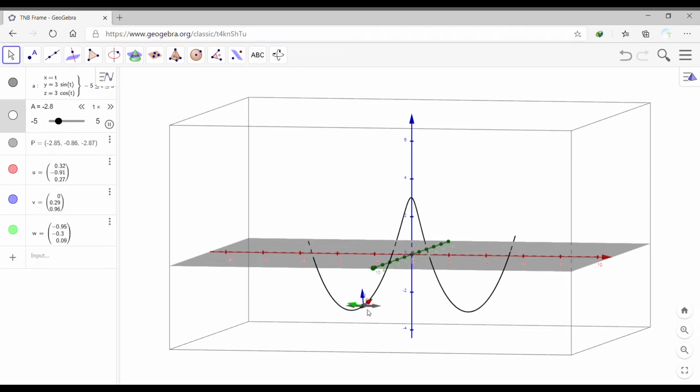Here the red vector is the tangent vector, the blue vector is the normal vector, and the green vector is the binormal vector.